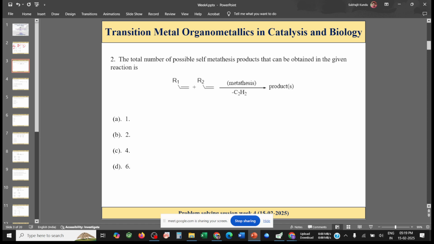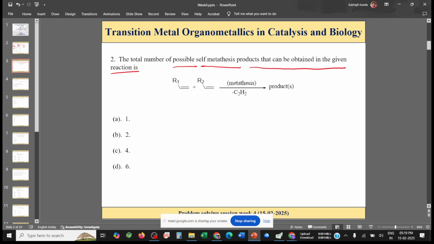The next question is a very important question, and this is also a tricky question, I can say. The question says: the total number of plausible self metathesis products that can be obtained in the given reaction is.